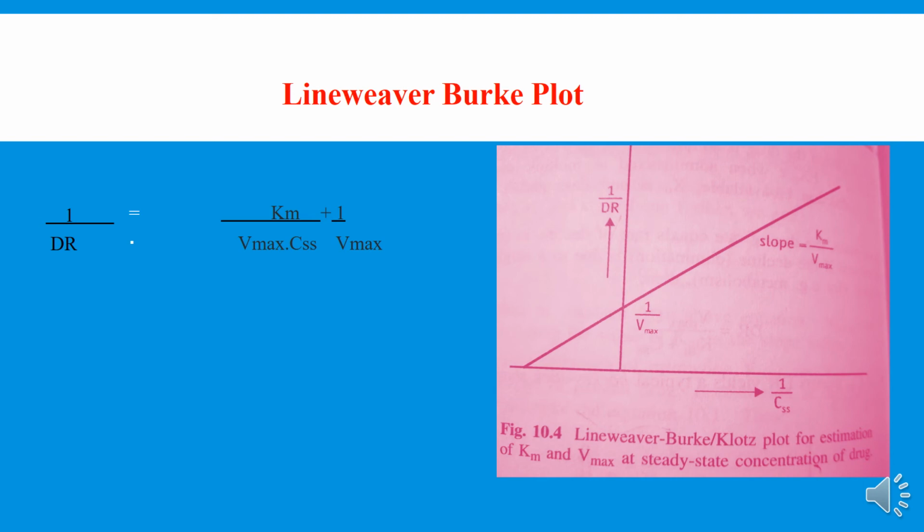So we take the reciprocal, and we get 1 by DR is equal to Km divided by Vmax into CSS plus 1 by Vmax. When we plot 1 by DR versus 1 by steady state concentration, it will yield a straight line with a slope of Km by Vmax, and we will get the y-intercept as 1 by Vmax.